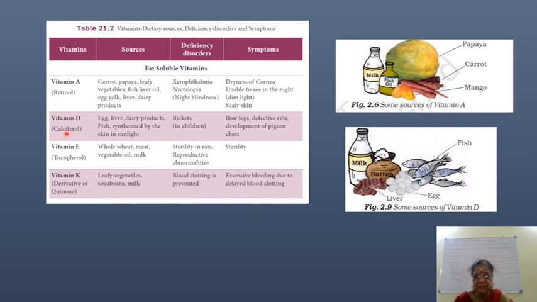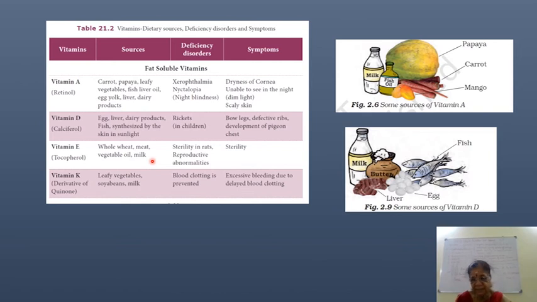So it is called the sunshine vitamin. Then vitamin E: whole wheat, meat, vegetables and milk. It is meant for fertility. If there is any deficiency of vitamin E, the reproductive process will be affected.